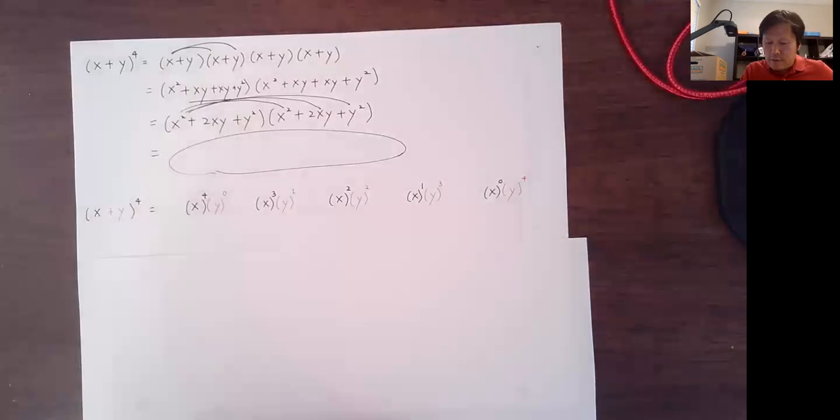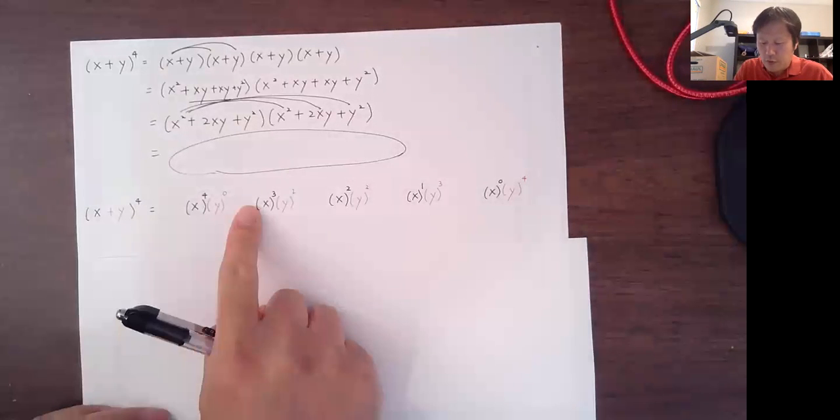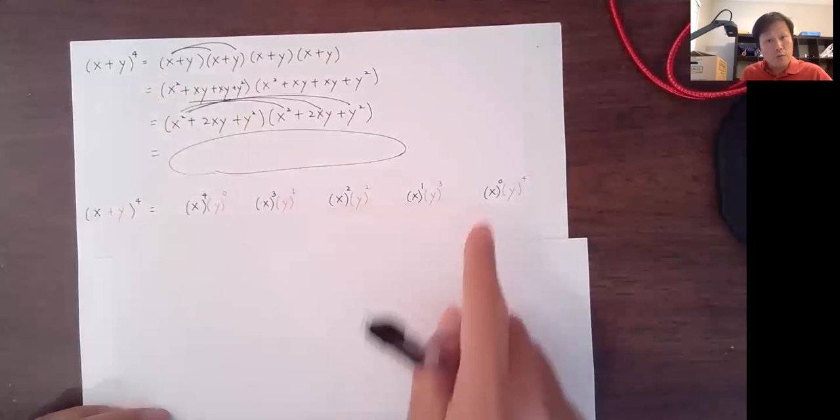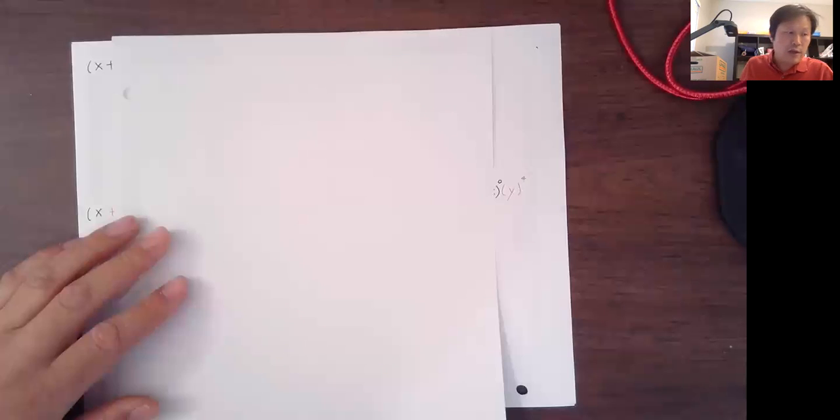So when you have this, now you have a coefficient, coefficient, coefficient, coefficient, coefficient to fill up. So one way you can deal with this is Pascal's triangle.